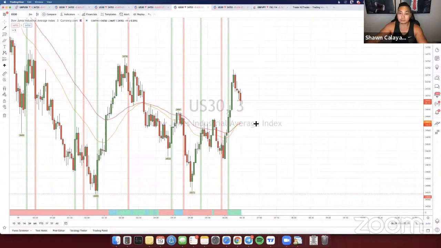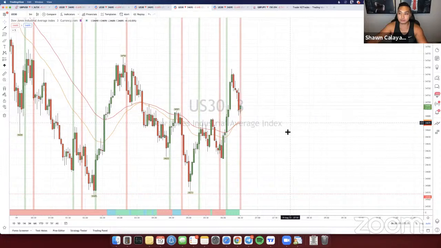Let's see. All right, so we got about 10 seconds left until market open. We're going to confirm the fundamental bias once the market opens. All right, so market's officially open right here.